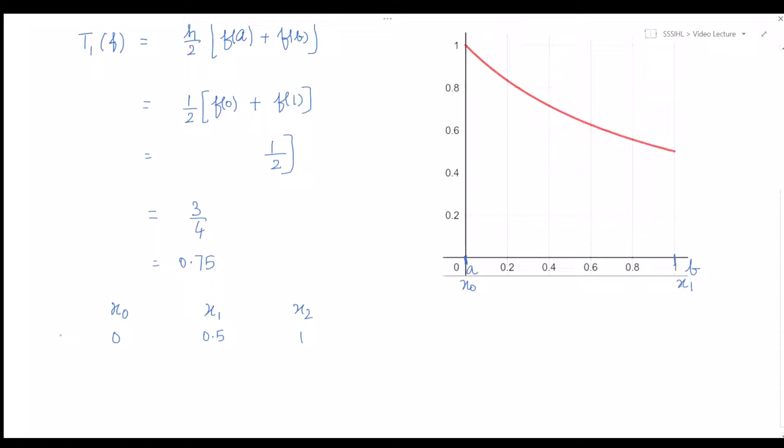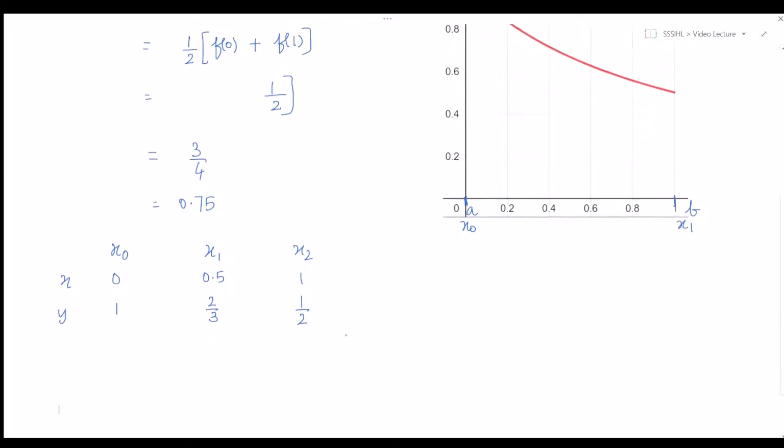The corresponding y value is 1 by 1 plus 0, which is 1, then 1 by 1 plus 1 by 2, so it is 1 by 3 by 2, that is 2 by 3, and then again 1 by 2. So this is our y0, y1, y2.